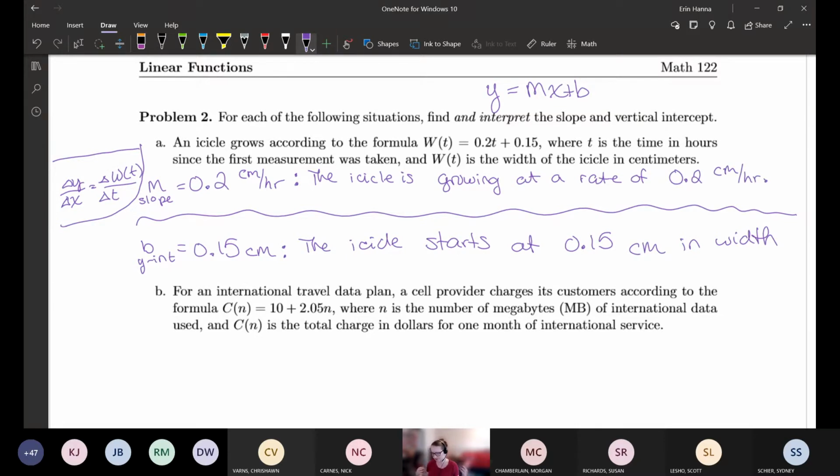There are a couple other ways you could phrase this, and we'll come back to this idea in a later chapter to look at other ways to interpret slopes, but that's a decent way to do it. It's telling you that the y value in context, so the width in this case, is growing or shrinking at a certain rate. It's growing if the slope is positive, shrinking if the slope is negative. Questions, concerns about that?